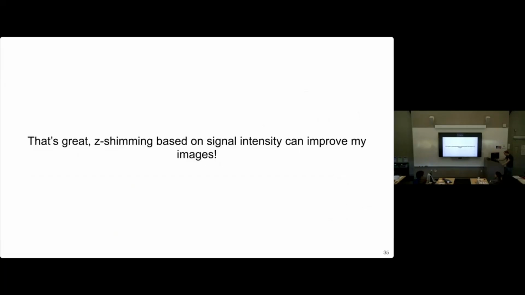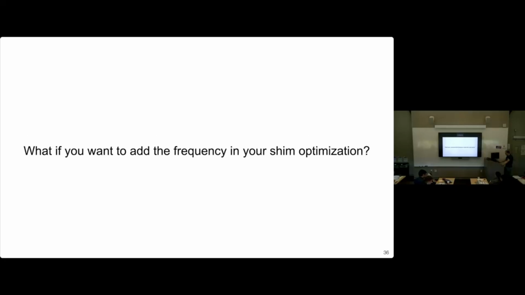Okay, that's great. Z shimming based on signal intensity can improve my images. The problem is, with a field map approach, we can do second order terms and first order terms, and with this approach we're limited to Z. So what if we want to add, as a start, the frequency to my optimization?